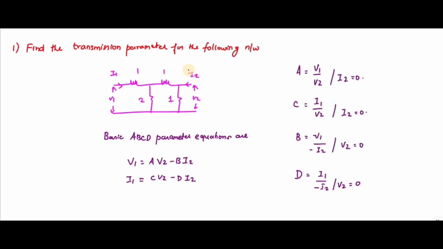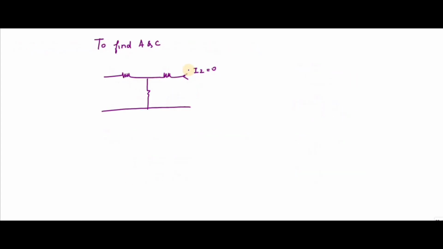To find the values of A and C, I2 must be 0. So first let me draw the network diagram. Here I2 is 0, so only the I1 value is present.